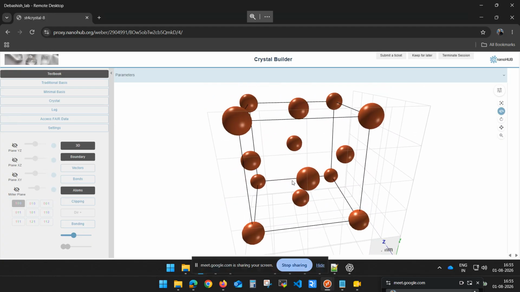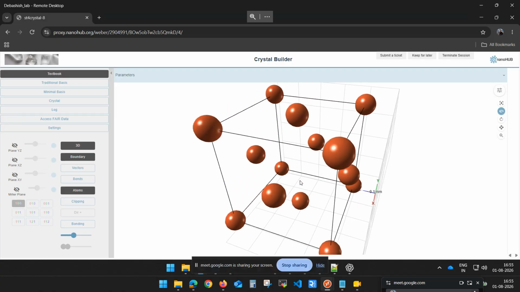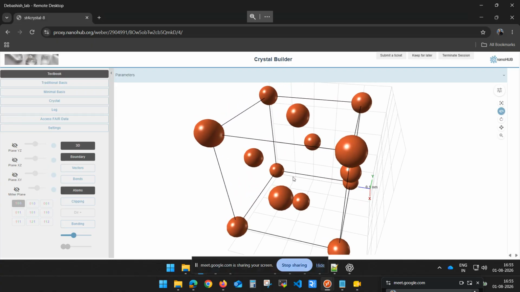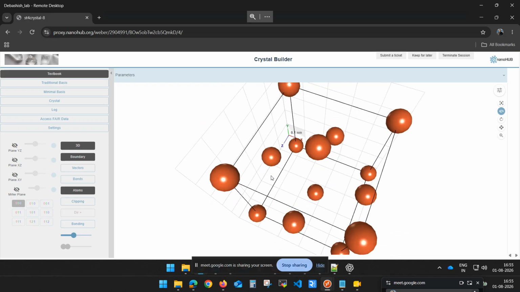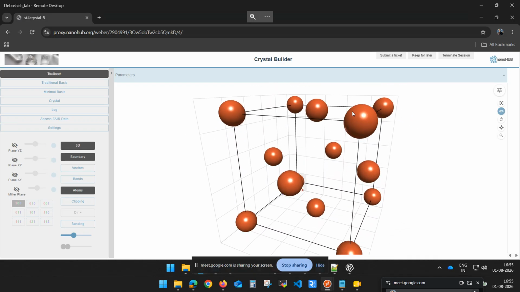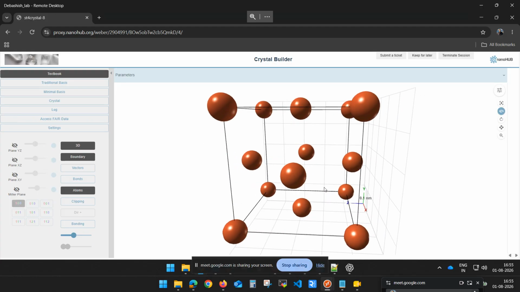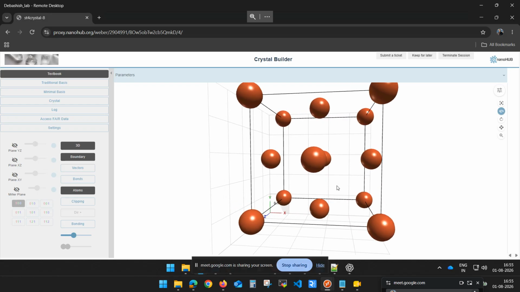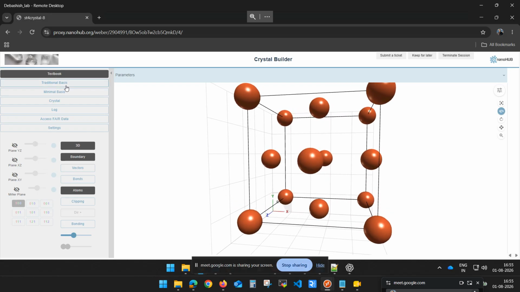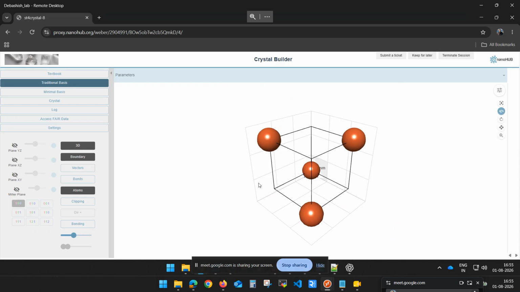So what is the total number of atoms inside this unit cell? Again, the 8 corner atoms will constitute one atom overall for this unit cell. And what about these face centered atoms? How many unit cells do they are shared between? Two.